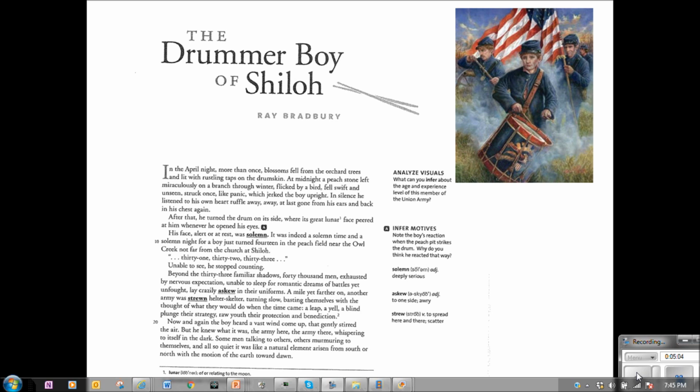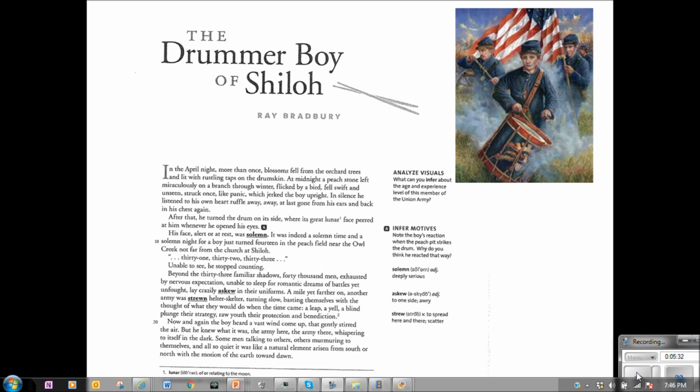The Drummer Boy of Shiloh by Ray Bradbury. In the April night, more than once blossoms fell from the orchard trees and lit with rustling taps on the drum skin. At midnight, a peach stone left miraculously on a branch through winter, flicked by a bird, fell swift and unseen, struck once like a panic, which jerked the boy upright.